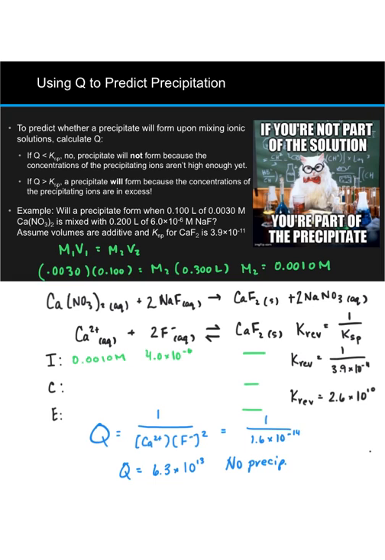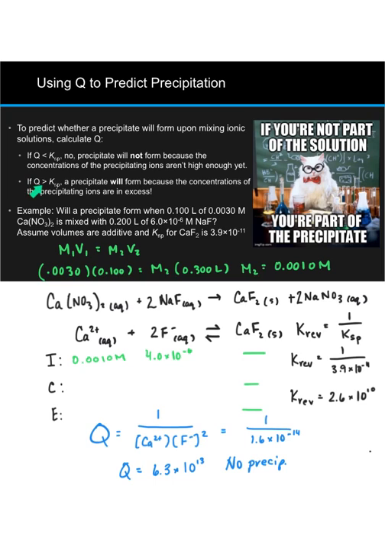A more succinct way of saying this and accomplishing the same thing without having to go through the slog of this mathematics is that if we just multiplied together these concentrations and the result was smaller than the KSP for the substance we're interested in, then a precipitate will not form because the concentrations of the ions aren't high enough yet.